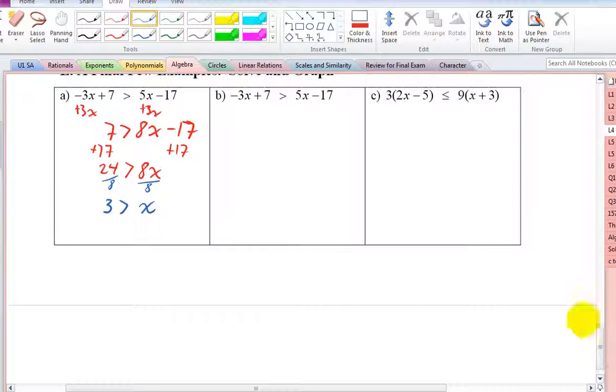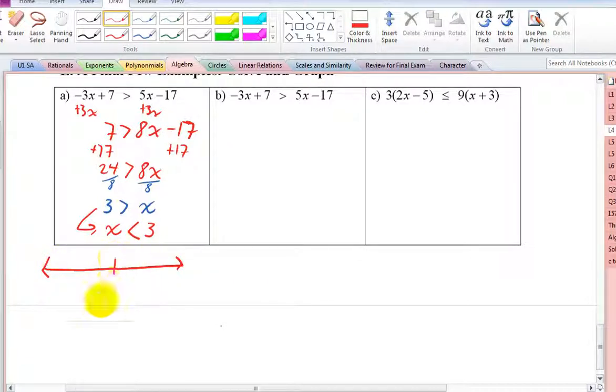It's really hard to read it in this direction, so you want to change it so x is first and 3 is second. And if you flip x, what do you have to do? Flip the sign. The sign is really hungry for the 3. It's going to barf on your page if it doesn't eat the 3. So to graph that, that's really easy.